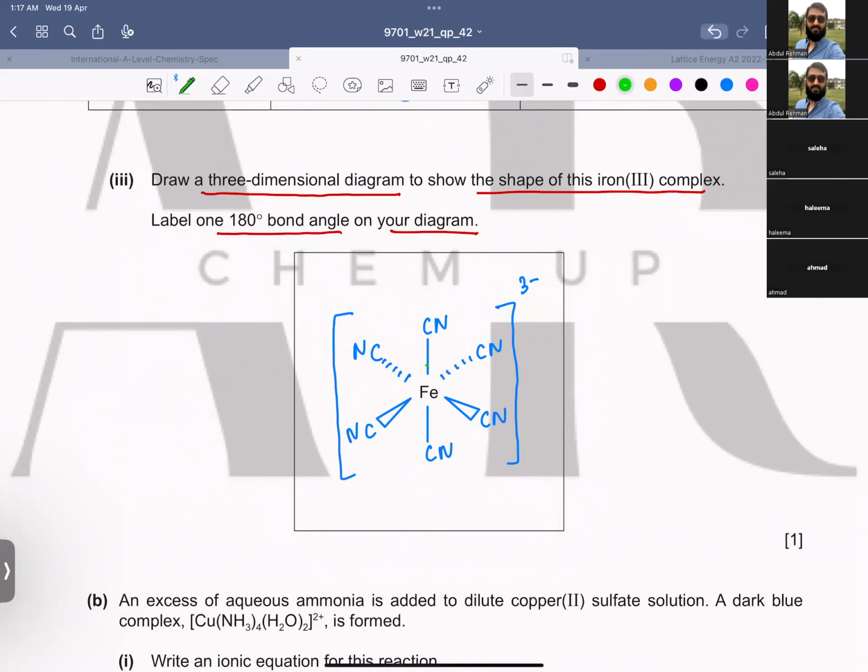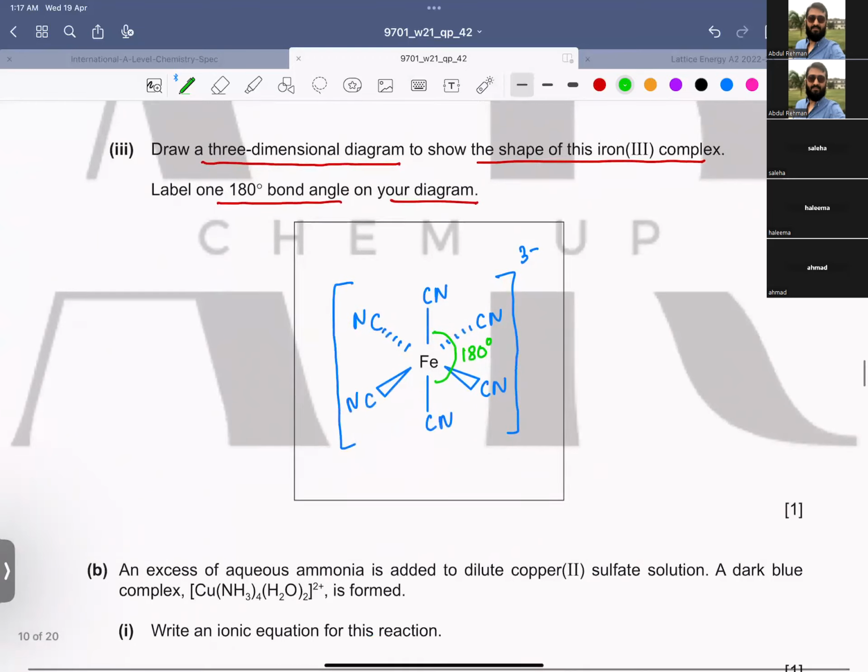Any two opposite angles can be labeled. Is this clear to everyone?